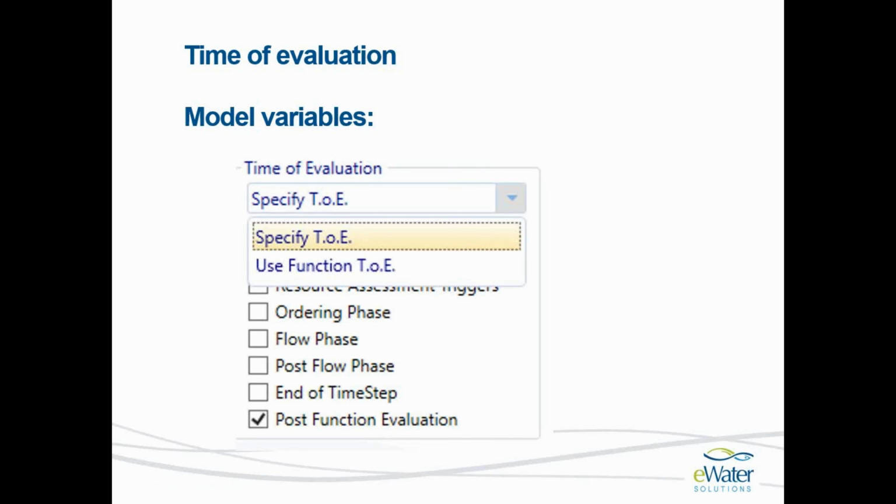If you want the model variable to evaluate when the function evaluates, you should set it to use function time of evaluation. Because if you specify the model variable to evaluate in the flow phase, it will evaluate at the start of the flow phase, but the function may require the model variable to be evaluated partway through the flow phase. So that's a little bit of a trick to be aware of.